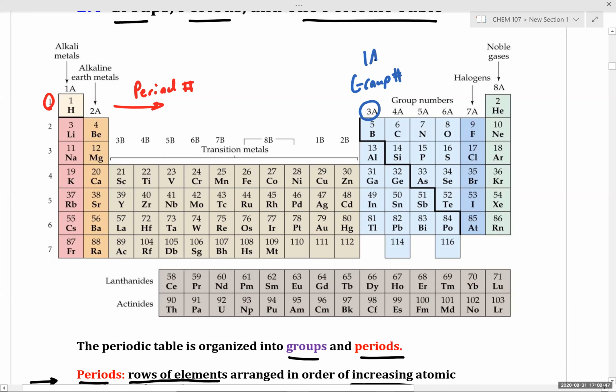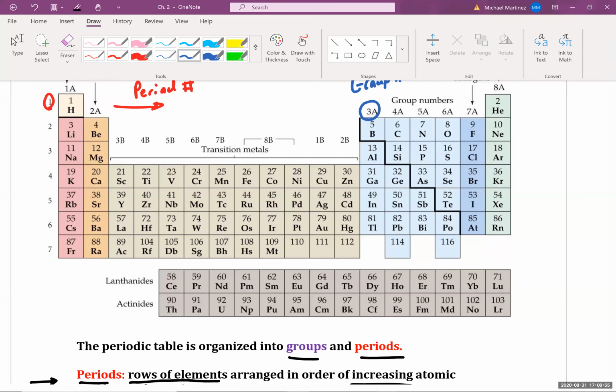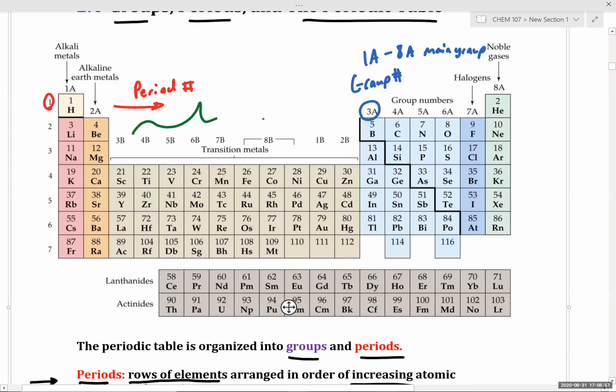So 1A through 8A are known as main group elements, while elements with a B symbol, the elements found in this center transition block of the periodic table, 1B through 8B, are known as transition metals.